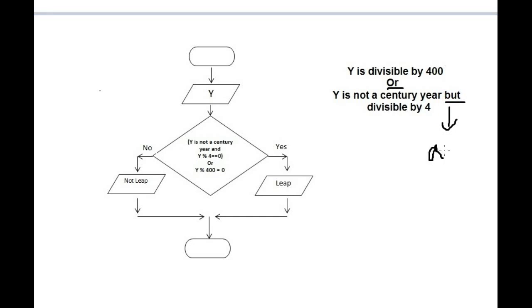Now what is the work of and? The work of and is to check whether both the conditions are true or not. To understand it, I'm going to give you a very simple example. Say some guest comes to your home and you are alone at the home, and you are not very familiar with the things in the kitchen.